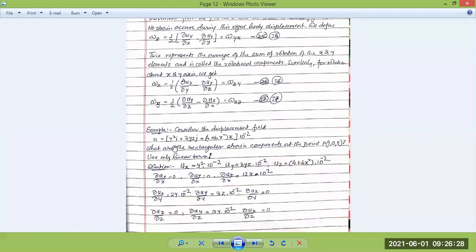The displacement vector is given as y square i, 3yz j, and 4x plus x square k, or whole multiplied by 10 to the power minus 2. What are the rectangular strain components at the point P, whose initial coordinates were 1, 0, 2?